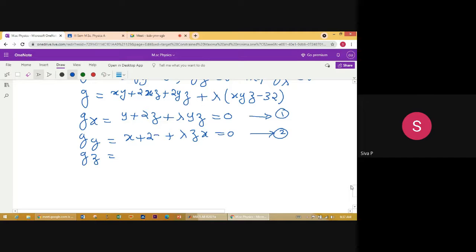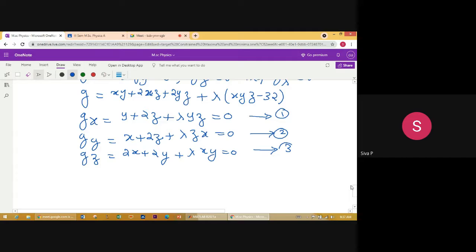x plus 2z, so this is 0. 2z plus lambda zx equal to 0. Gz is 2x plus 2y plus lambda xy equal to 0.